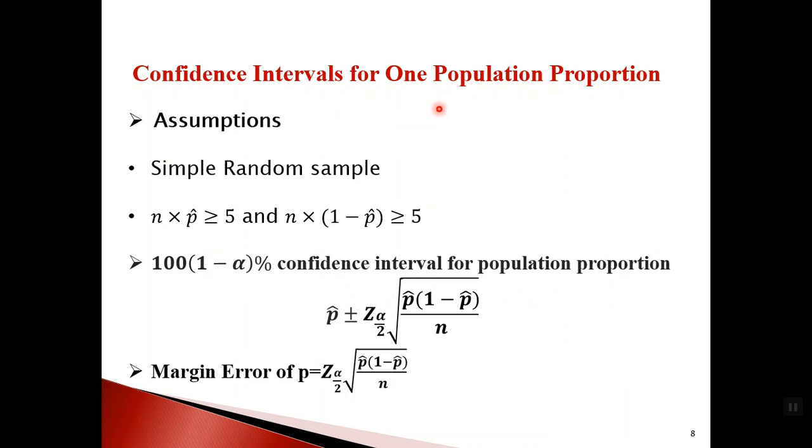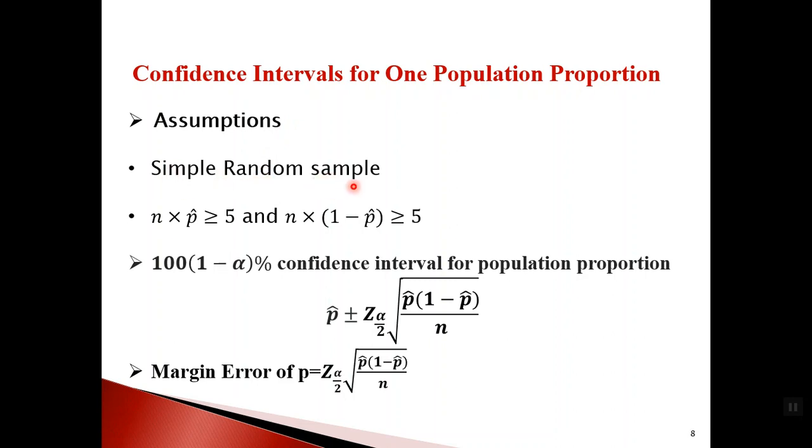Before we start the problems using this population proportion, there are two specific assumptions we make. We believe these two are okay if we need to use our population proportion technique. First assumption is a simple random sample.